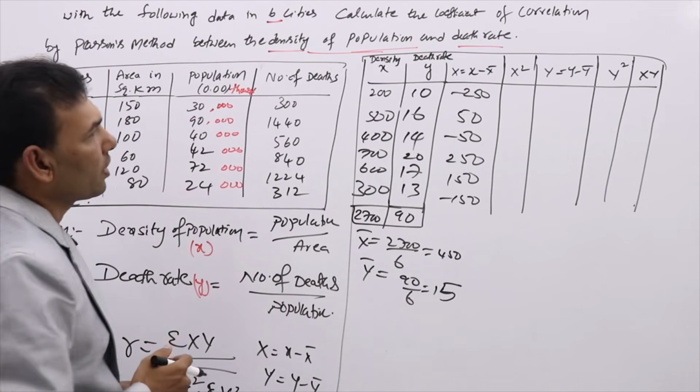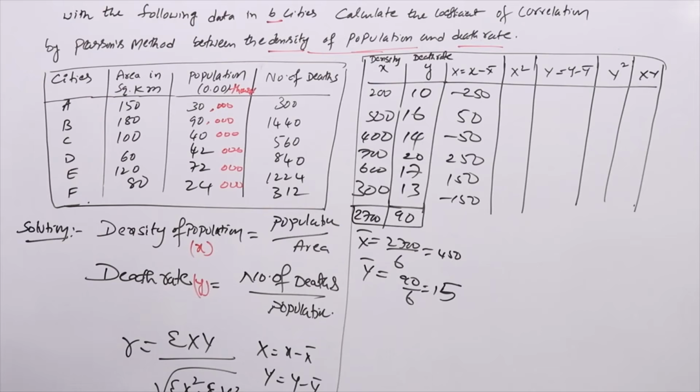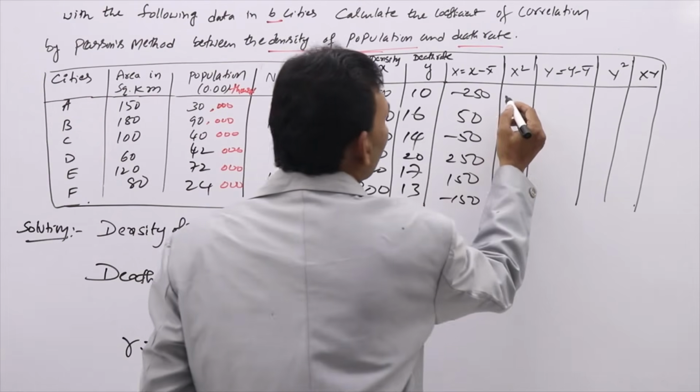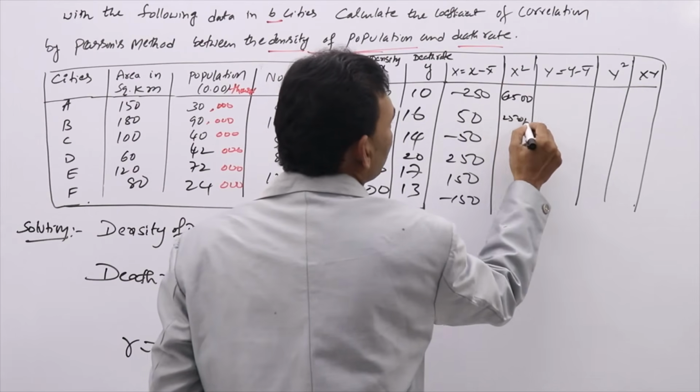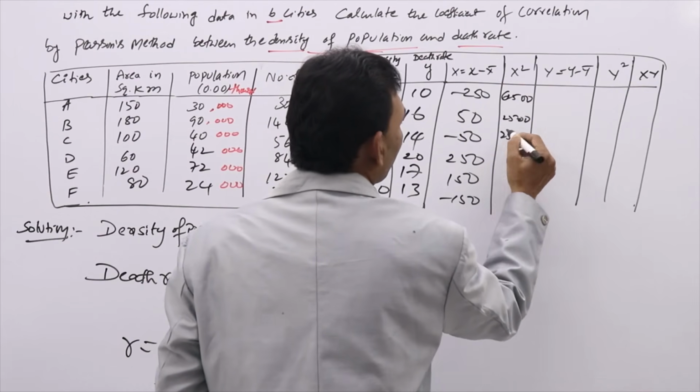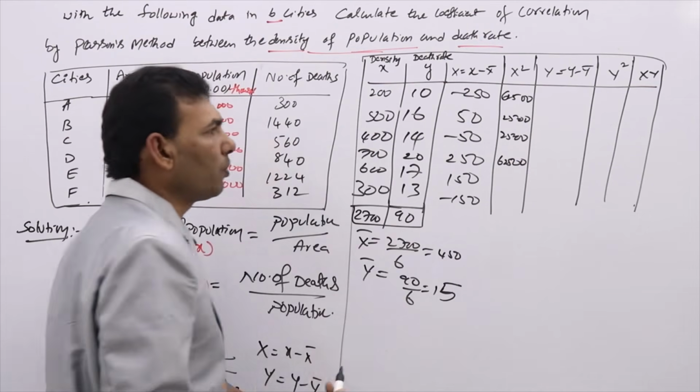Next, x square. You need to square these values. X square, 25 square, 625 double 0. 5 square, 25 double 0. 25 square again, 625 double 0.